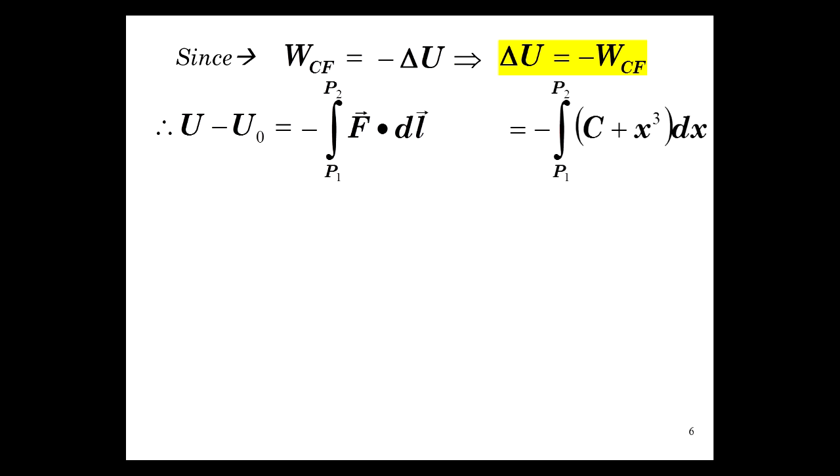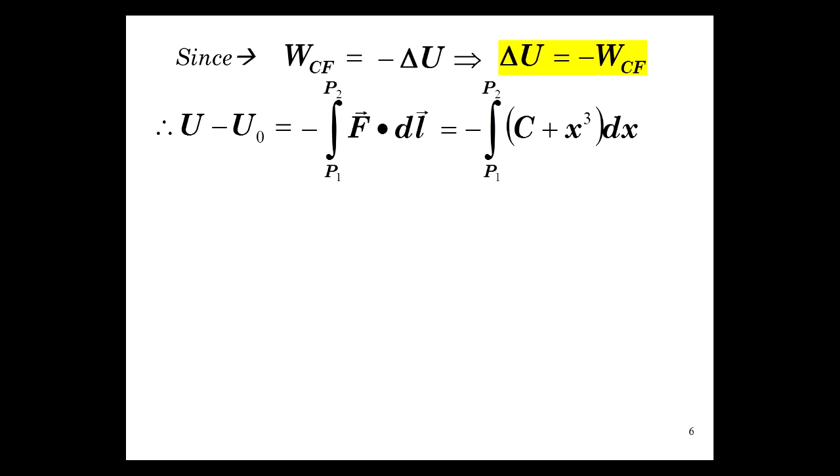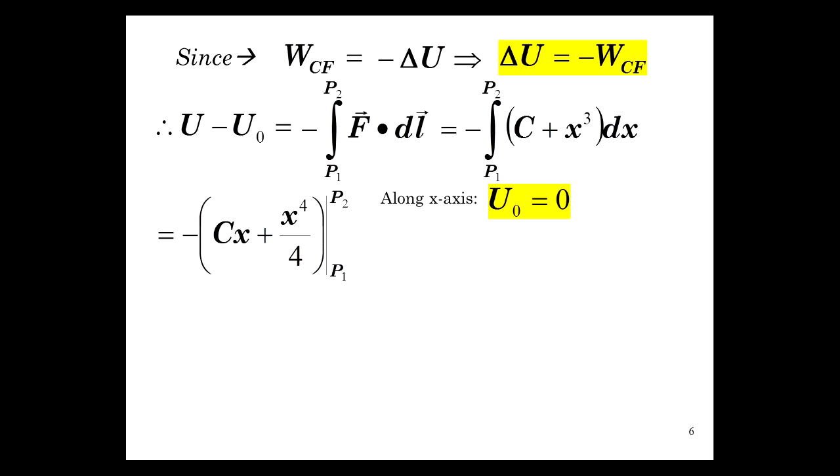It's spatially related. So this is minus the integral from P1 to P2 of (c plus x cubed) dx. So there we go, that's U minus U0. Solving, we get minus (cx plus x to the fourth over 4) from P1 to P2. Now along the x-axis, you can consider where we start. 0 is at the 0 point of x, so U0 is 0.